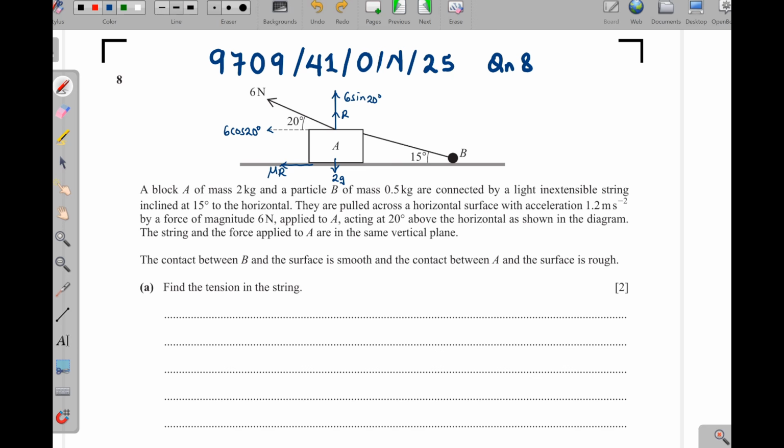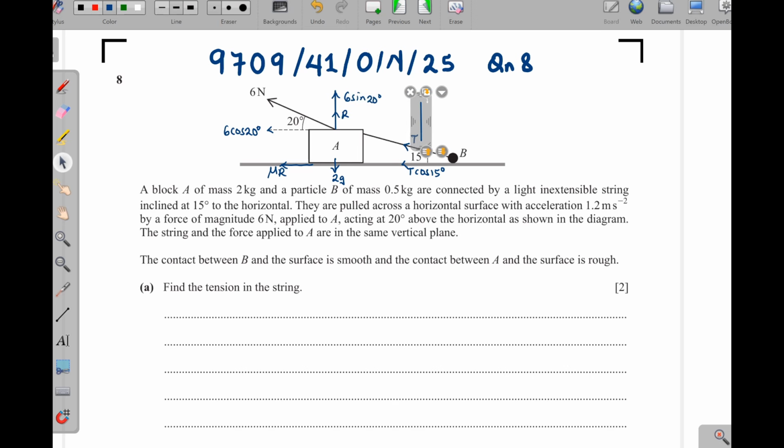Now, since this is a light inextensible string, there has to be tension in it. This tension here acts upwards, from this object here, taking it up. Now what I'm going to do is to resolve this T here. So I'm going to have T cos of 15 degrees. Then we resolve horizontally and vertically.